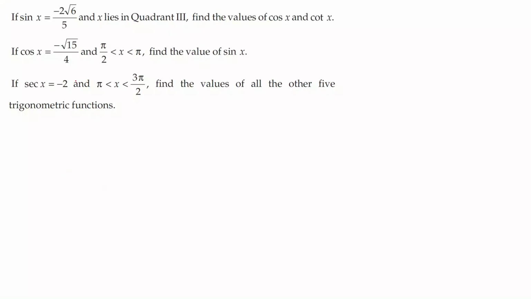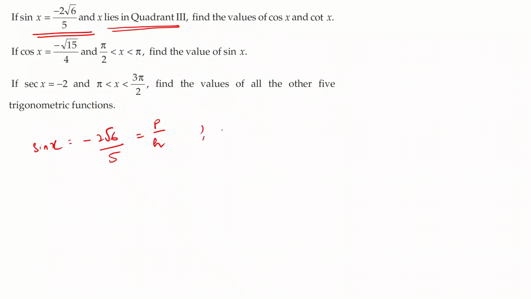So let's take up some examples for the very first thing that we have discussed. You are given the value of sine x. Sine x is given to be minus 2 root 6 by 5 and x lies in the third quadrant. Find the values of cos x and cot x. We already know that sine x is minus 2 root 6 by 5, so this is perpendicular by hypotenuse.